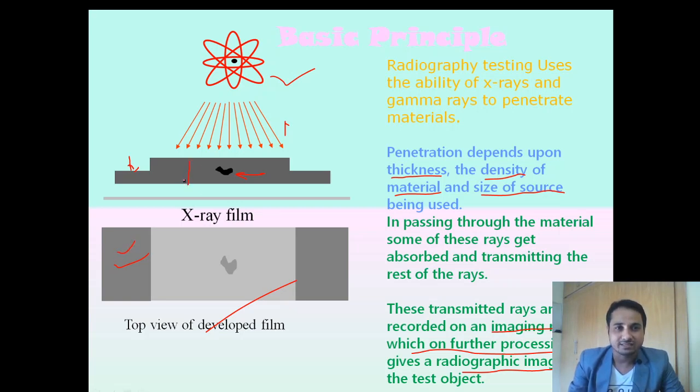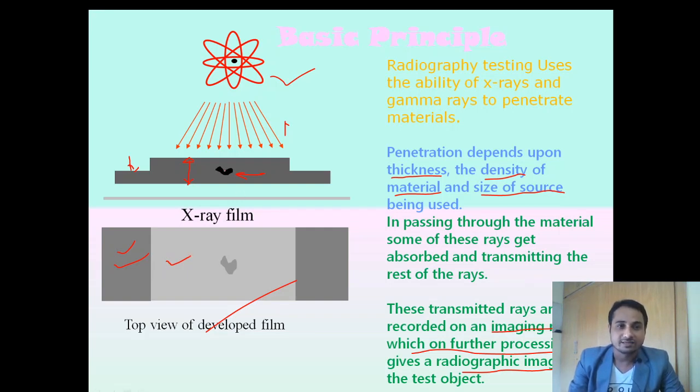But in the higher thickness, some of the gamma ray will be absorbed, and less gamma ray will travel. That's why the density is a little less.